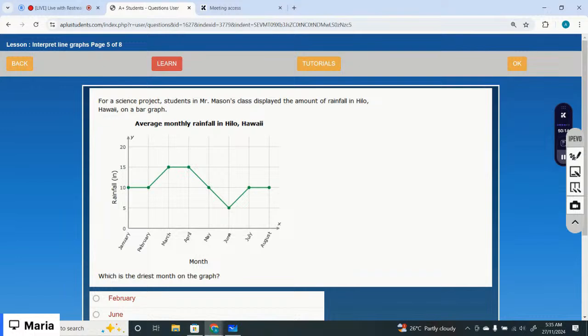For a science project, students in Mr. Mason's class displayed the amount of rainfall in Hilo, Hawaii on a bar graph. Which is the driest month on the graph? Which is the correct option?